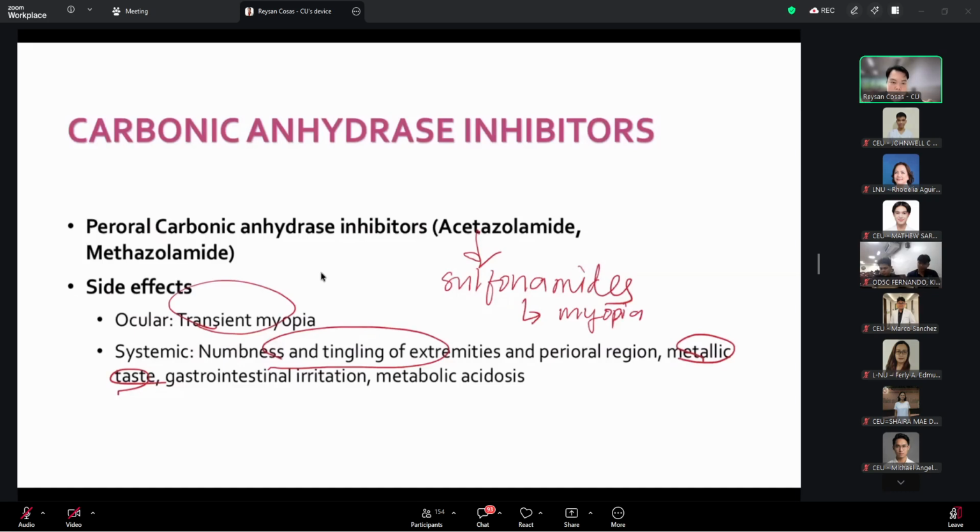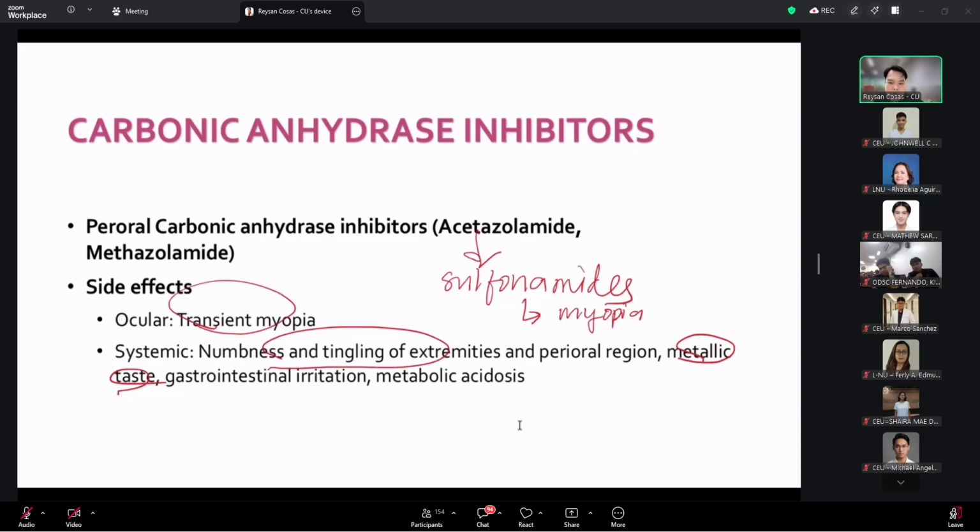There are documented side effects of acetazolamide. Okay? Yeah. And then, so kung napansin nyo mga doc, kung ano yung kanyang mga kapatid, yun din yung kanyang mga side effects. So, ganun po sa pharmacology, pag magkakamag-anak kayo, almost the same din yung mga side effects.